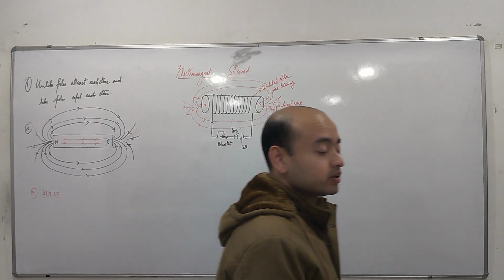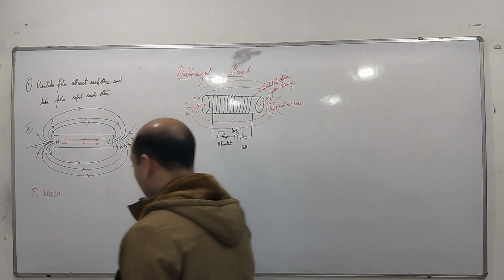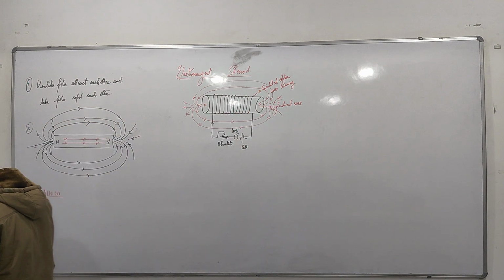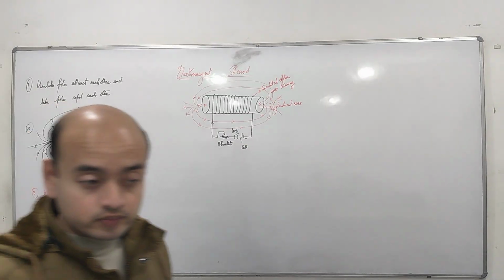Greater the magnitude of electric current, higher is the magnetic strength.